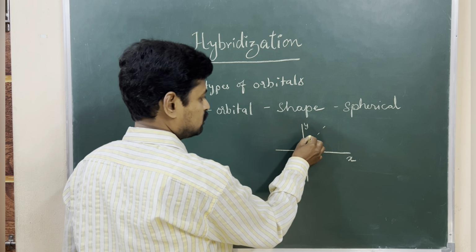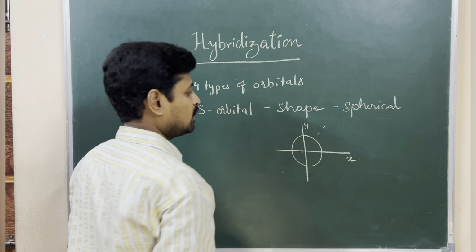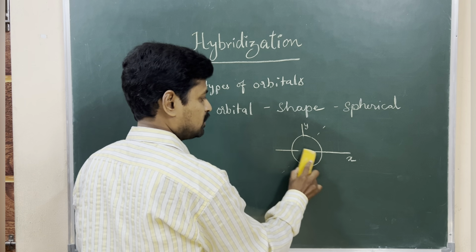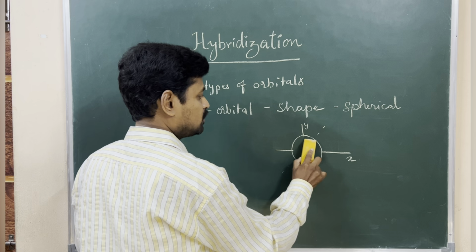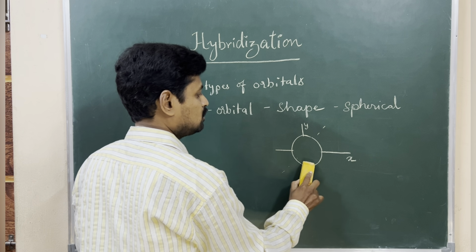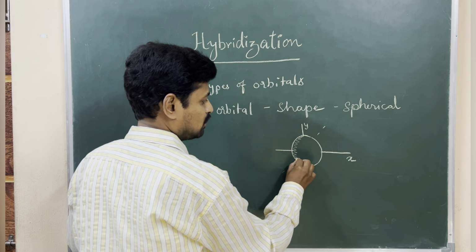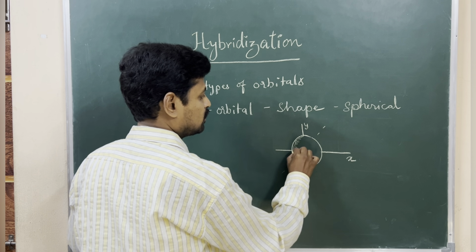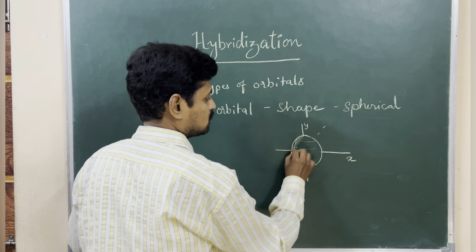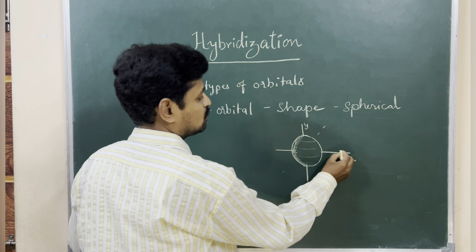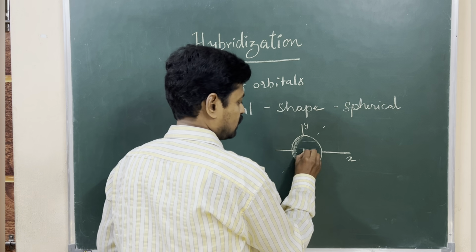Now we draw a circle in the center, and this is a sphere. The s orbital has a spherical shape. To give you a little depth, I am drawing a little shading to show how an s orbital looks.